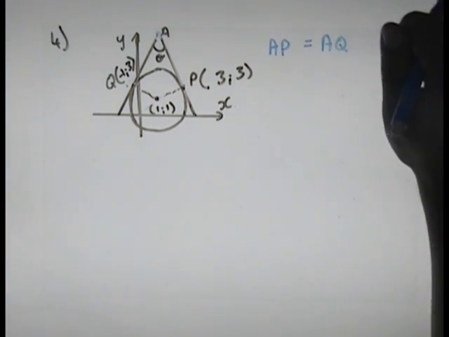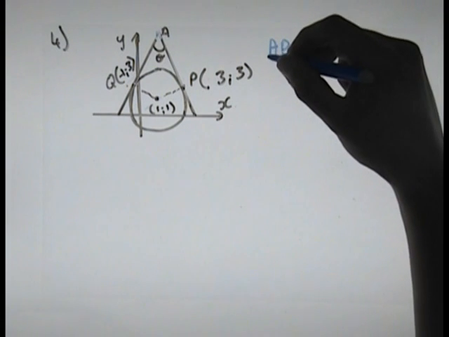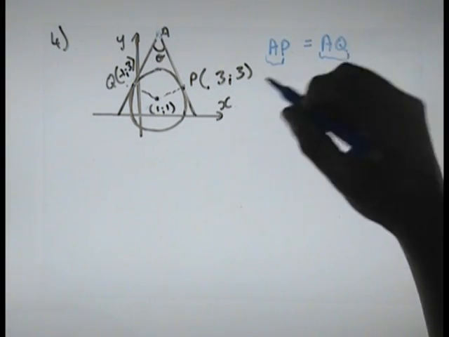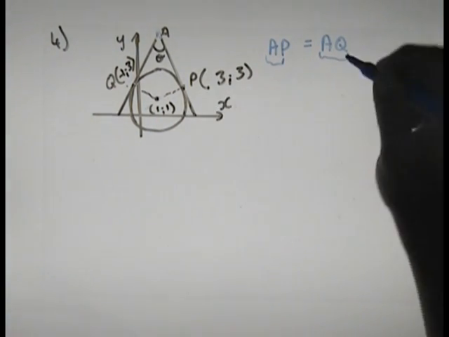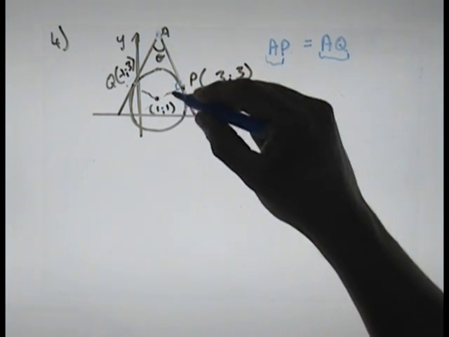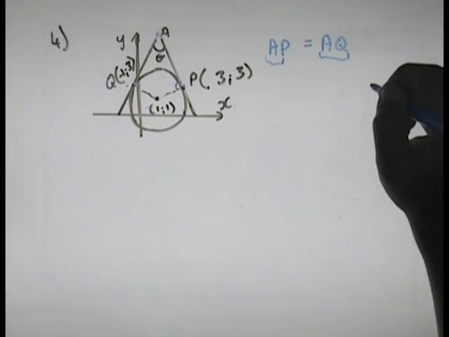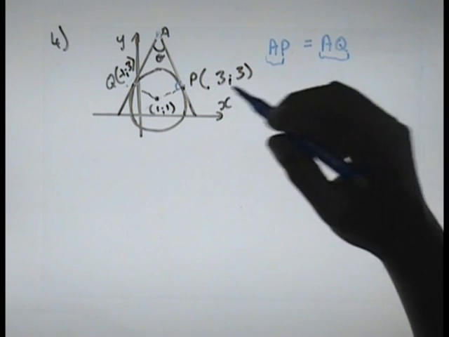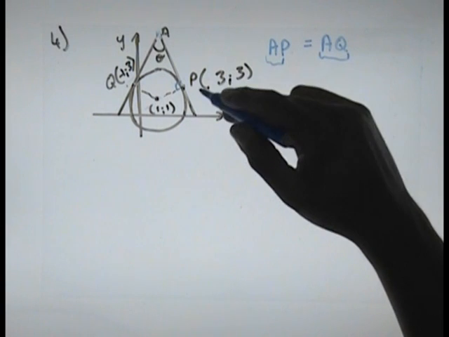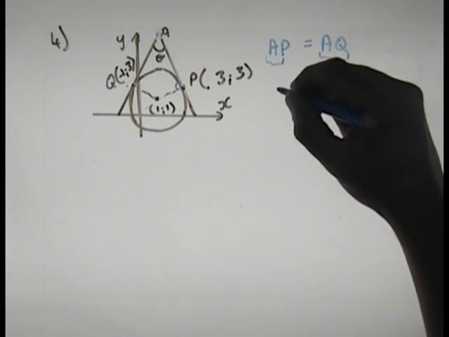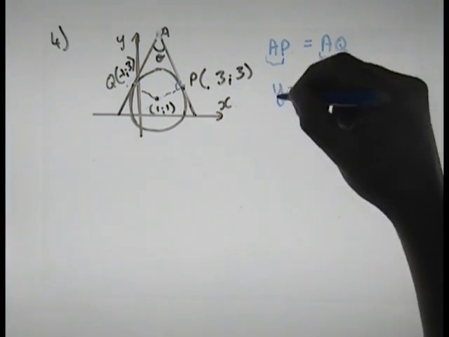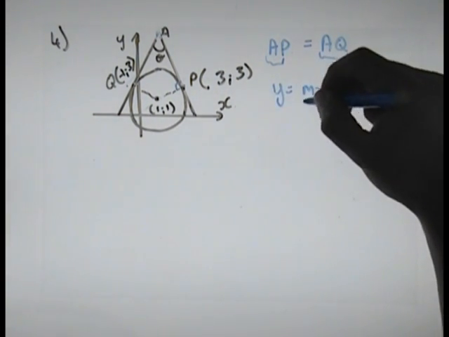In order to get the coordinates of A, I'm going to need the equations of AP and of AQ. To get the equation of AP, remember it is a tangent to the circle, which means that it is perpendicular to the radius. The equation of the tangent AP, I can't get it just yet because it's of the form y is equal to mx plus c, but we don't have our gradient.